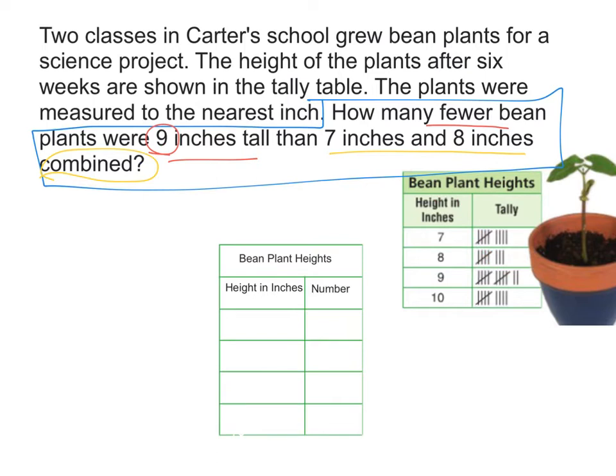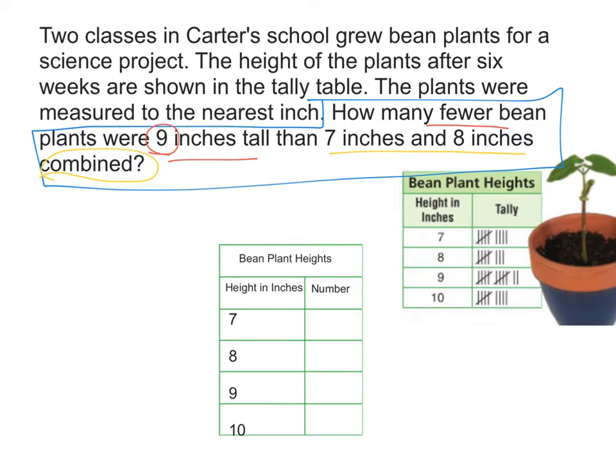Height in inches, but instead of tally, we're going to name this column number, since we're making a frequency table. So the height in inches, we can also get that straight off our tally table. That would be 7, 8, 9, 10. So let's go ahead and look at our tallies so we can continue constructing the frequency table.